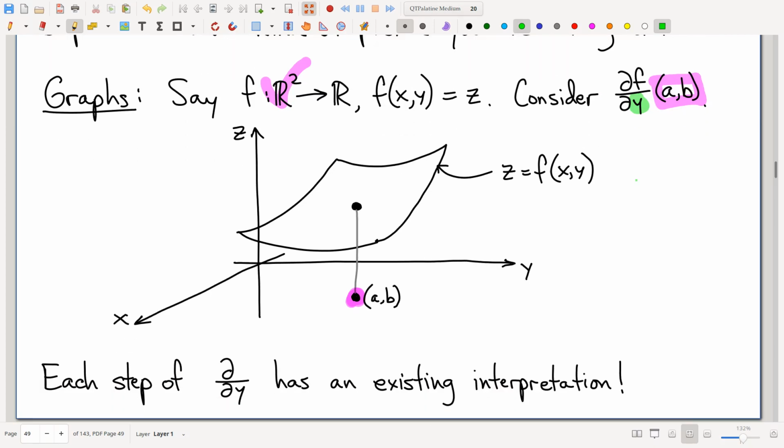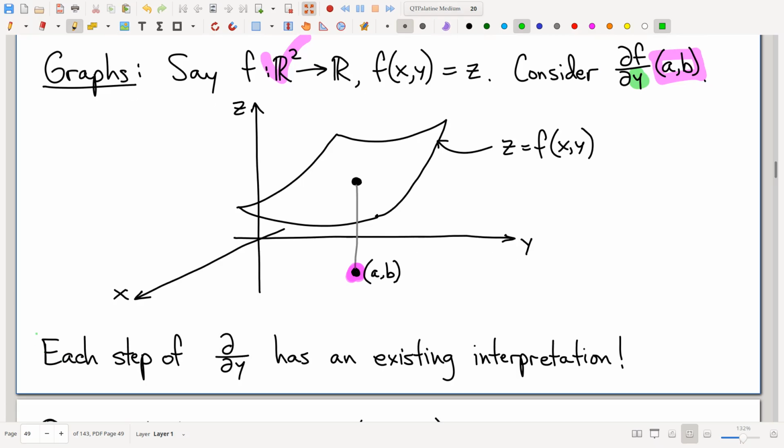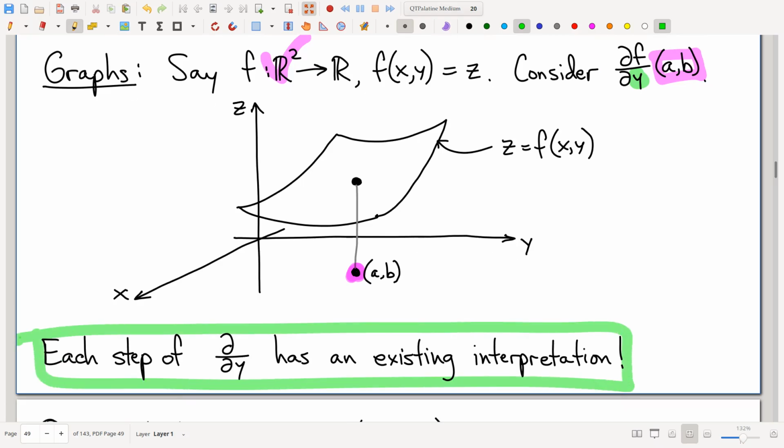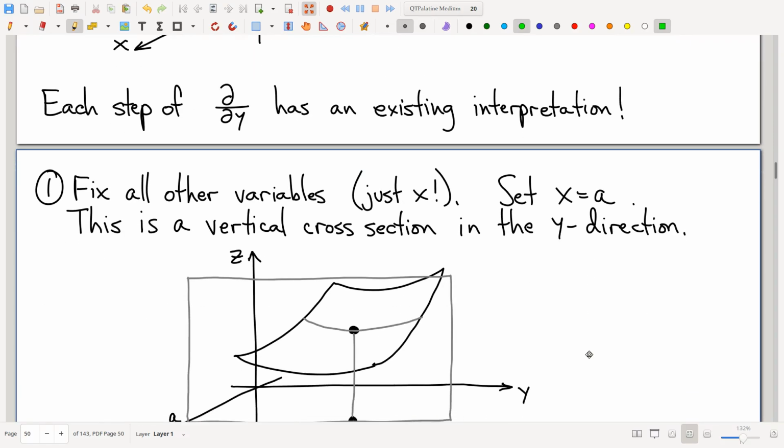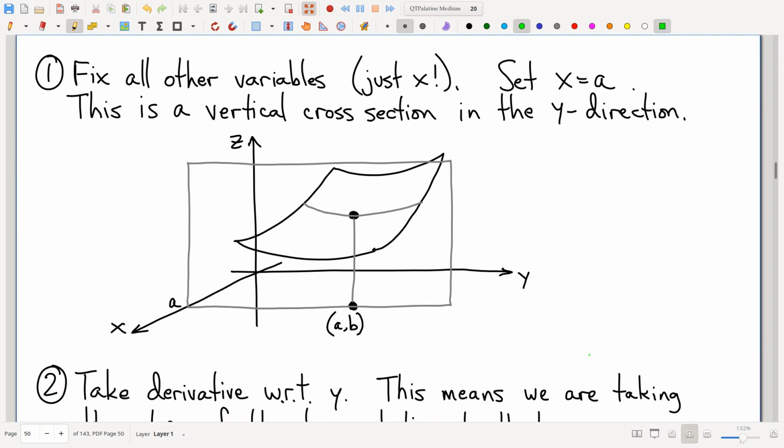All right. Okay, so, here's the good news. This process of taking a partial derivative is a two-step process, and both of those steps have an existing geometric interpretation that we already know, and we just have to fit the pieces together. So this is just a follow-your-nose argument. The first step in taking the partial derivative is to fix the other variables.